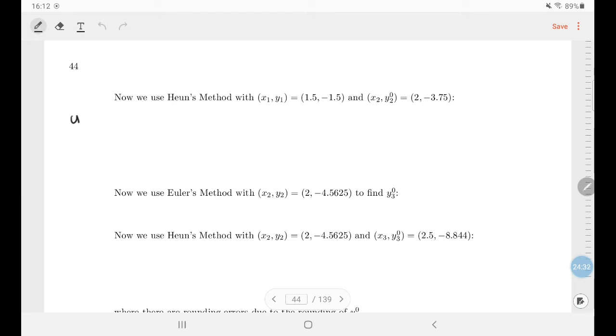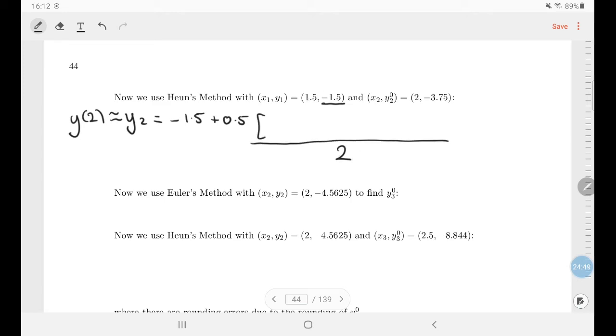So y of 2 is approximately equal to the previous y value. What's our previous y value? Minus 1.5. Plus step size is 0.5, and then average out the 2 slopes. So the slope at the first point, y minus 2x, plus the Euler predicted next point, y minus 2x.